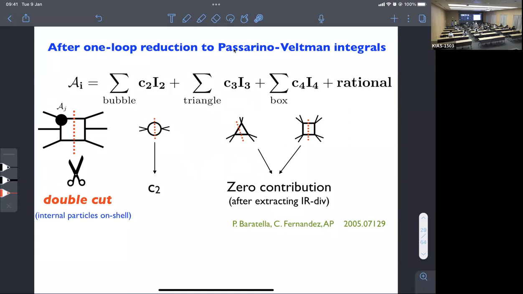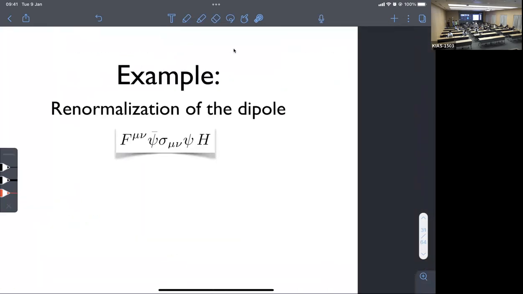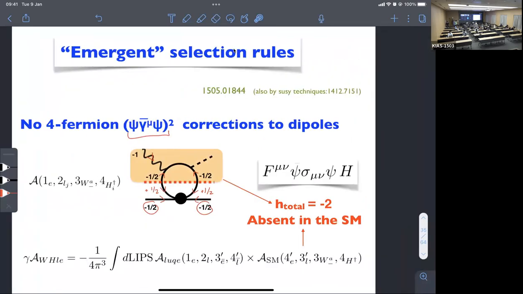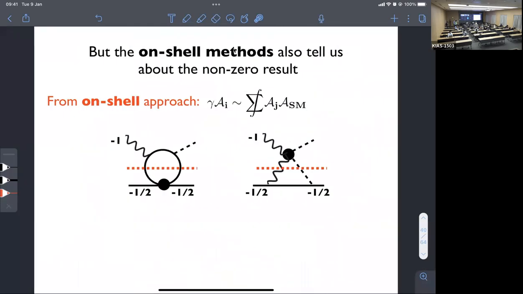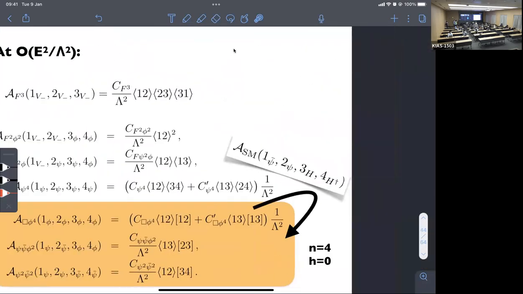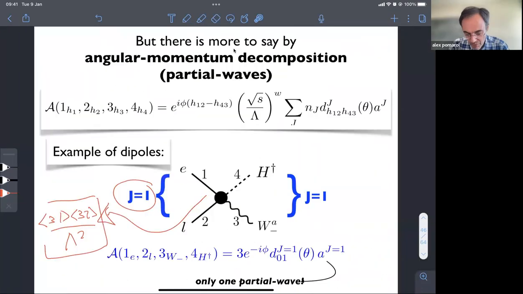J equal to 1 after the cut. For example, a new physics contribution to the angular momentum equal to J equal 1. You said so, right? Maybe the dipole moment.